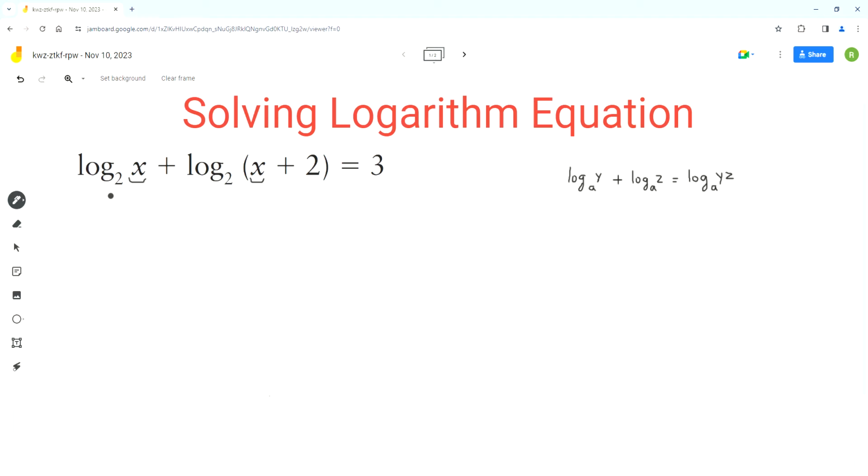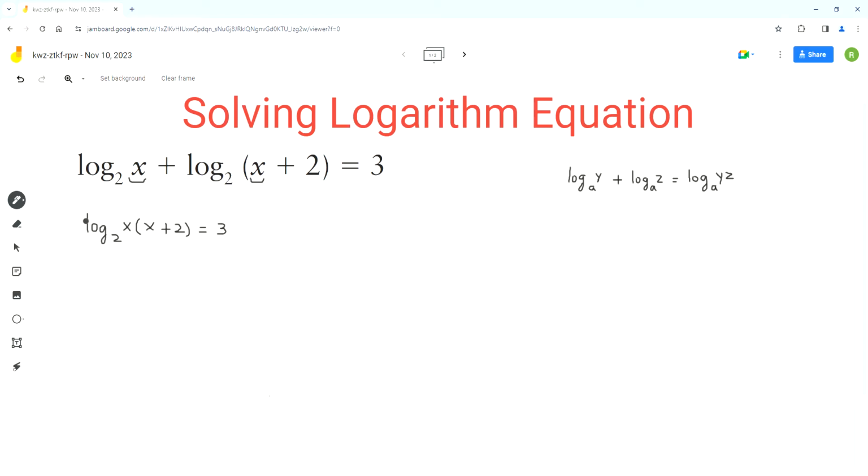We'll do the same step for these two log terms because they have the same base. So we get log of x times x plus 2 to the base 2 equals 3.